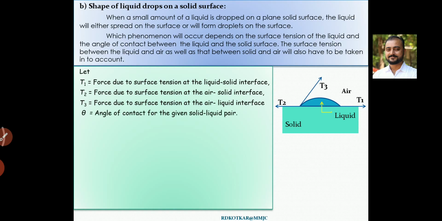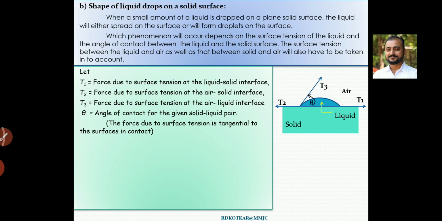So here we consider that theta is the angle of contact for the given solid-liquid pair. How can it be drawn? By the same definition, this is the angle theta as shown in the figure. Here we can see that the force due to the surface tension is tangential to the surfaces in contact.